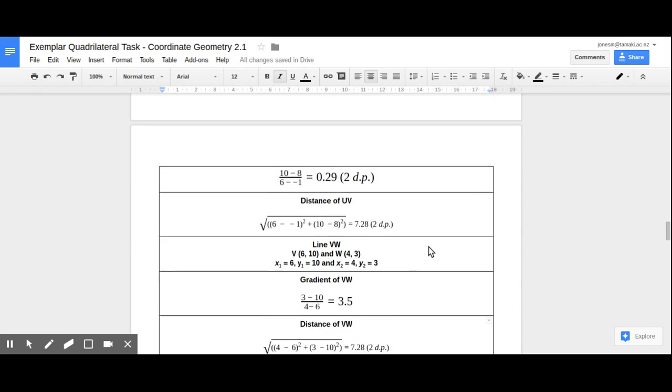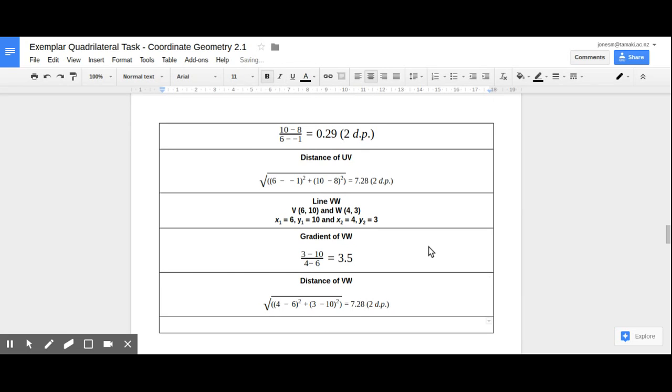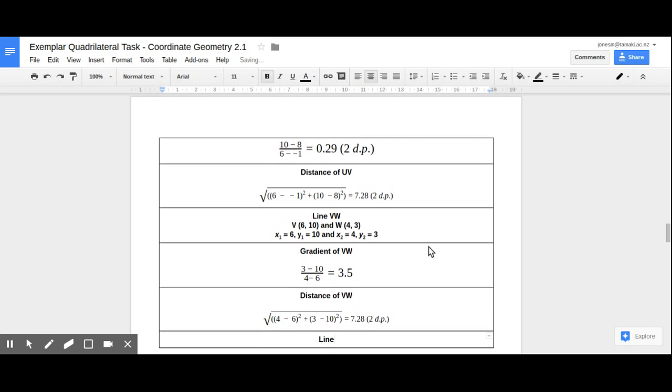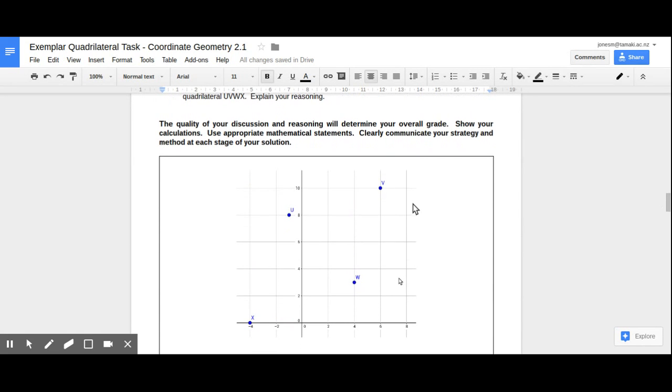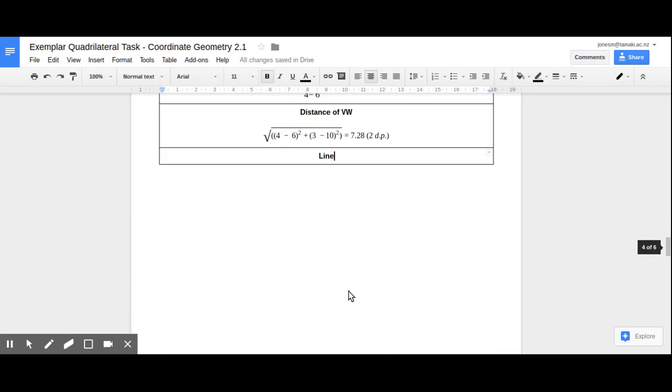Alright, so now the next line we're looking at. We've done UV, VW, we're going to do WX.